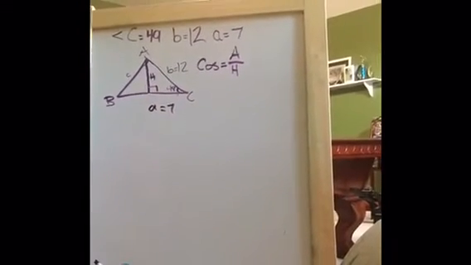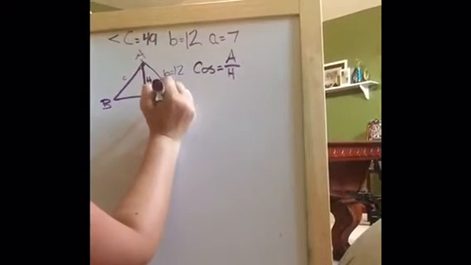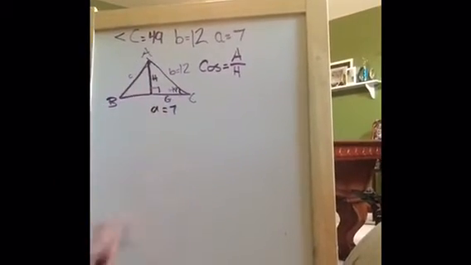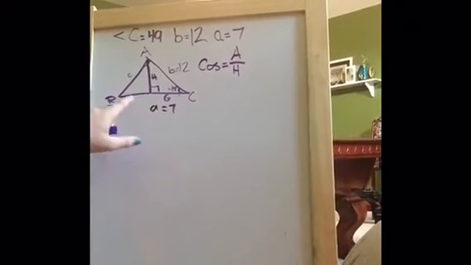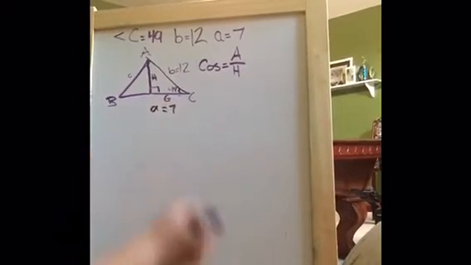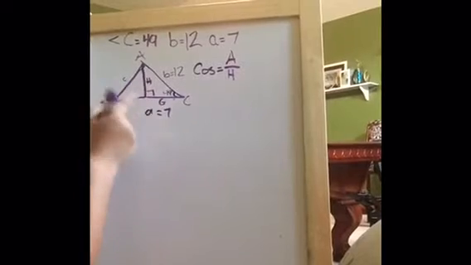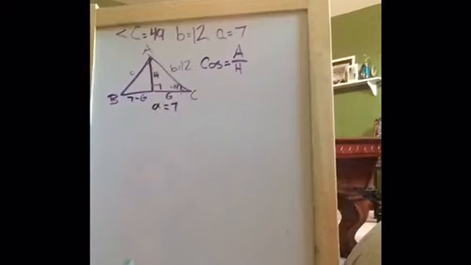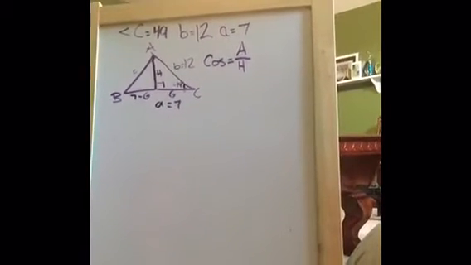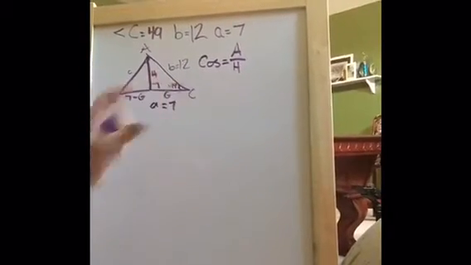This line right here, we're going to call G. Now, since this whole line equals 7, this side equals 7 minus G. So now that you have all your values put in, you can plug them into the formula.